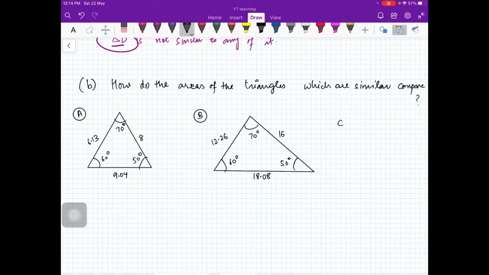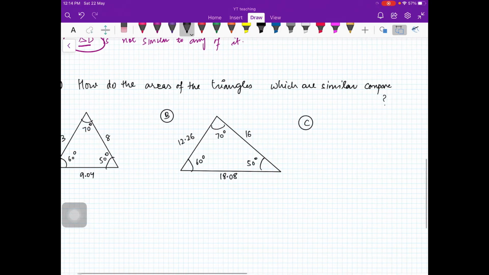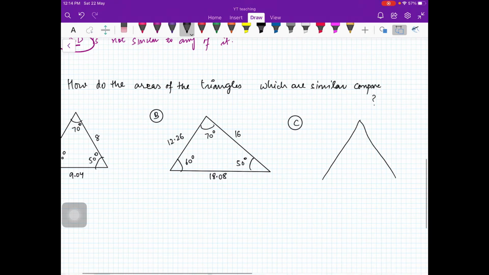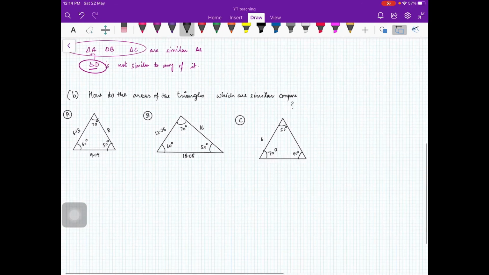And then you have triangle C here, where you are given 6 centimeter, and the angles are 50 degree, 70 degree and 60 degree. Right. Now we have to compare the areas.